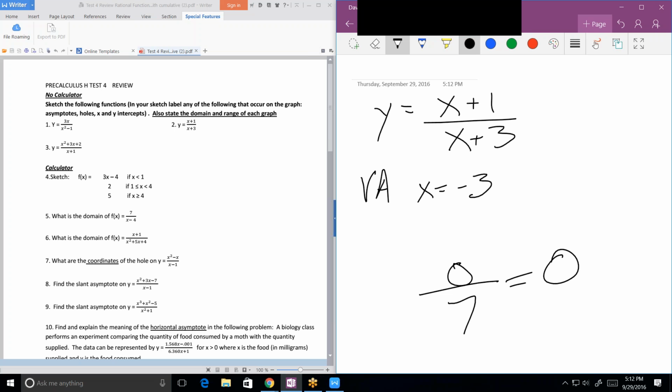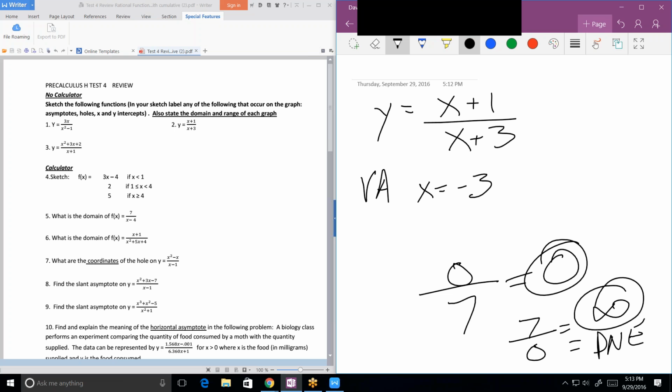But if I say what is 7 divided by 0, that's actually infinity. And in fact, they'll usually say that does not exist. So there's a gigantic difference between 0 and infinity. They're almost on opposite sides of the number line. So don't mistake dividing into 0 with dividing by 0.